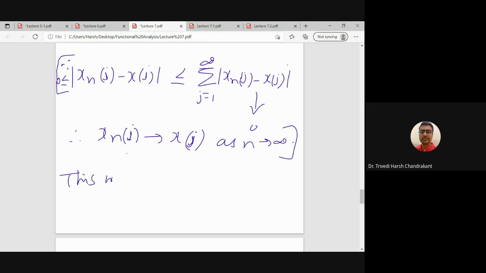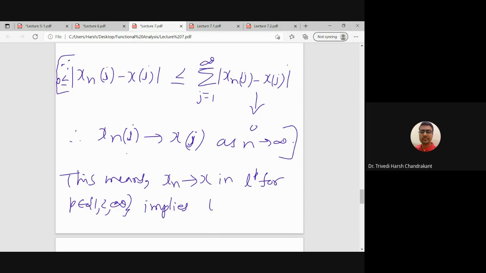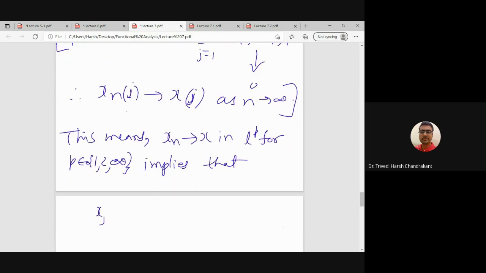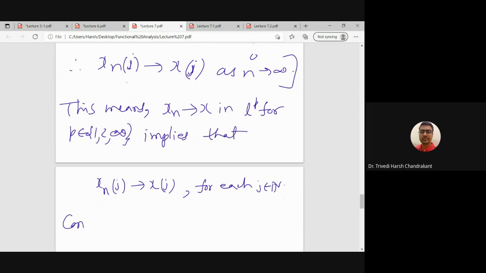This means xn converges to x in Lp for p belongs to 1, 2 or infinity, implies that xn,j converges to xj for each j belongs to N. So this is entry-wise convergence. Conversely, a converse is not true.